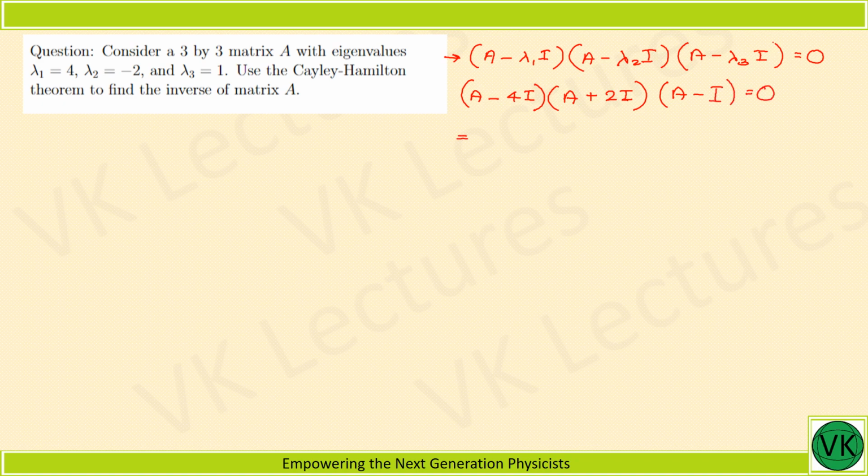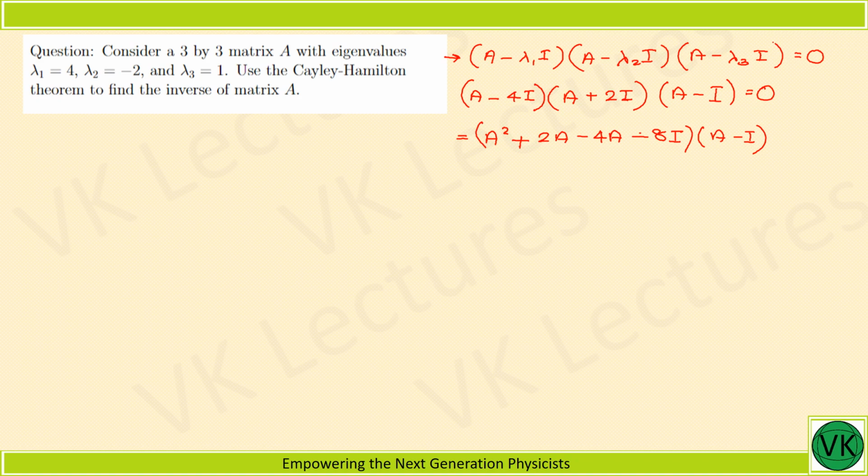What we get is A squared minus 2A, this is A times 2I is 2A, plus, 4 minus 4I, now minus 4I times A is minus 4A, and 8I, so minus 8I times... A minus I.